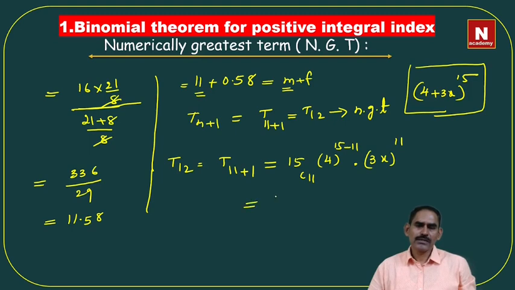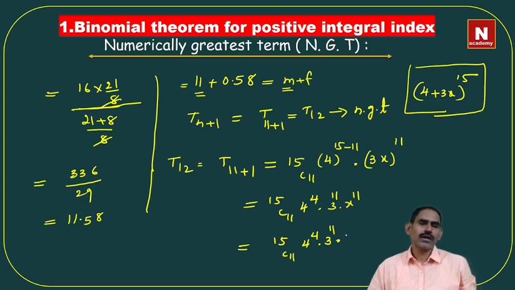That implies 15C11 into 4^4 into 3^11 into x^11. The small x value is given as 7/2, therefore (7/2)^11.